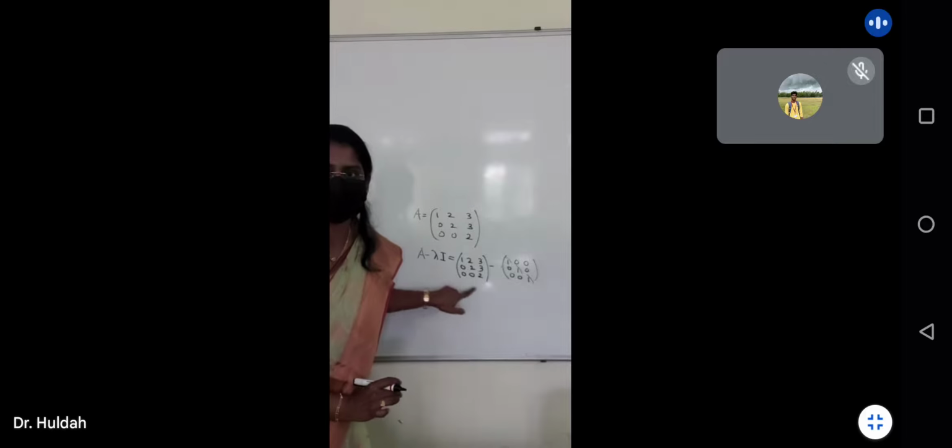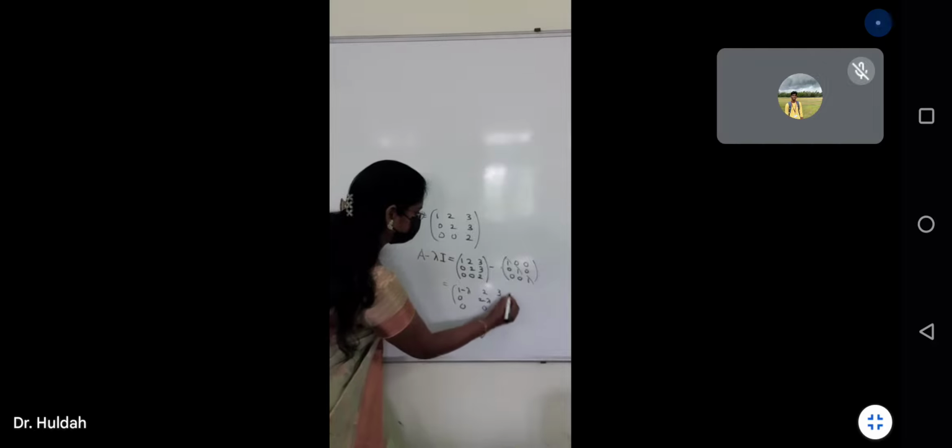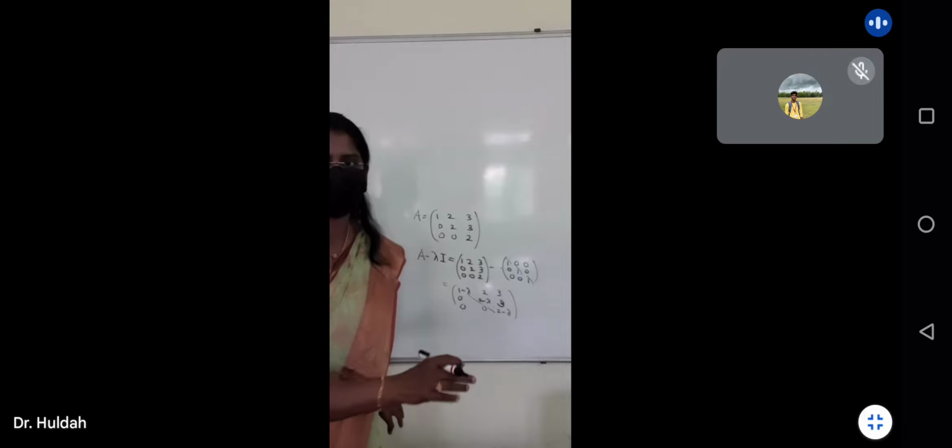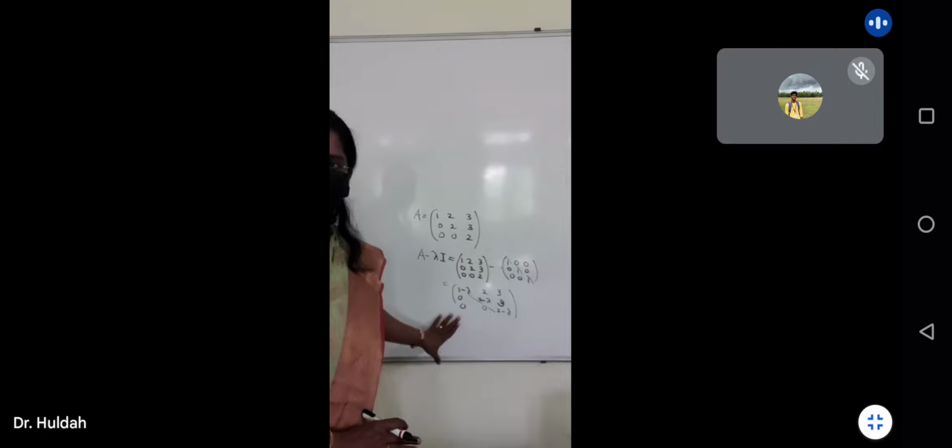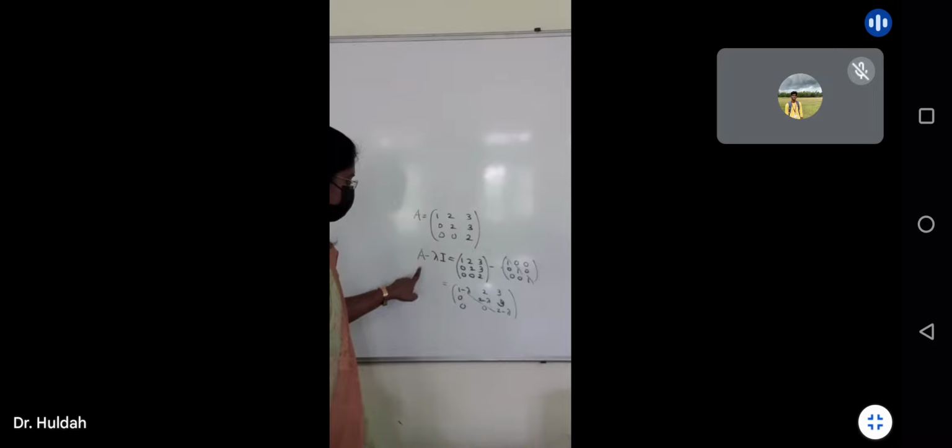This is my A minus lambda matrix: 1 minus lambda, 2, 3, 0, 2 minus lambda, 0, 0, 0, 3 minus lambda. Only along the diagonals do we have the minus lambda.